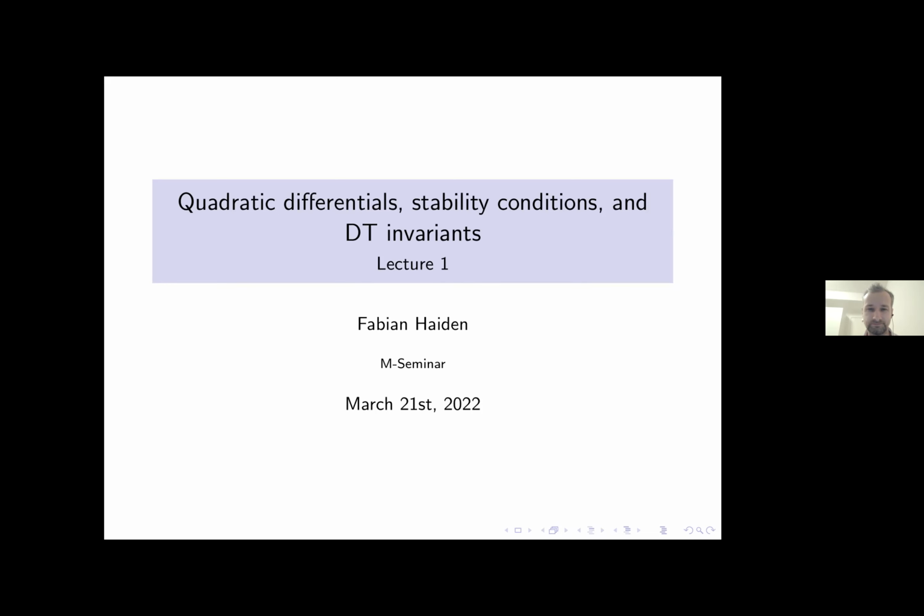But the main theme will be this relation between quadratic differentials and stability conditions. There are a couple of different approaches, different groups of authors who worked on that, and I hope I can give a bit of a unified picture that can in some sense explain or encompass, at least to some degree, all of these things.